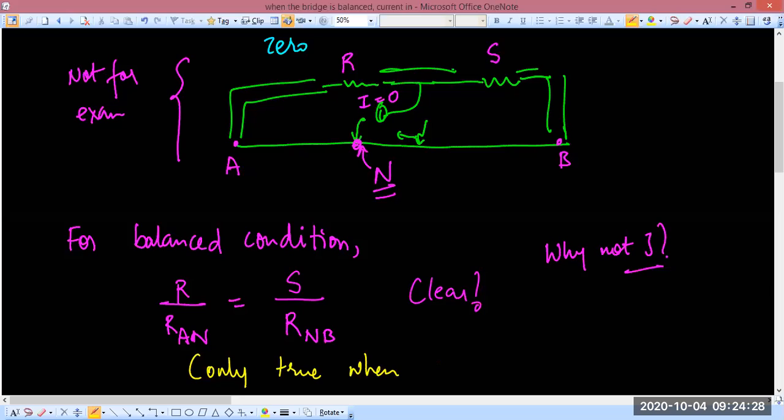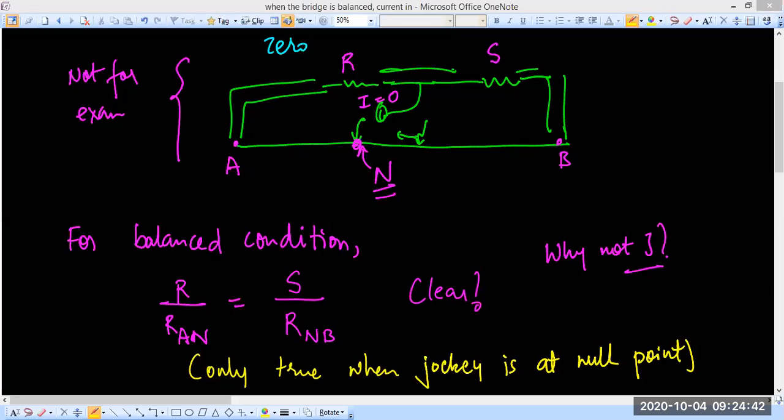I hope you understand this sentence, right? It will not be true in any other case. Yes, that's right. It is balanced only over there, right?